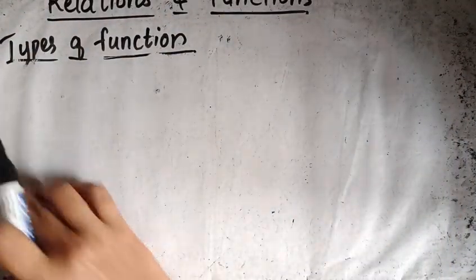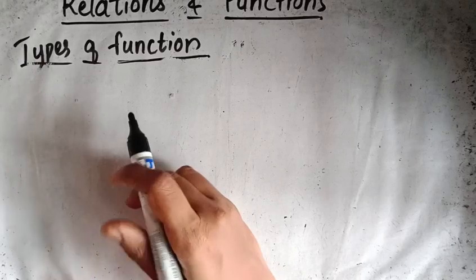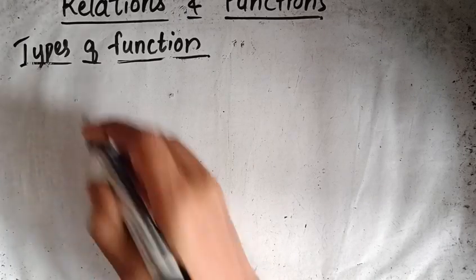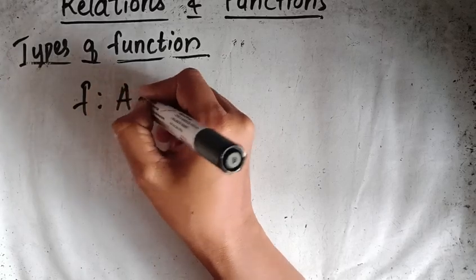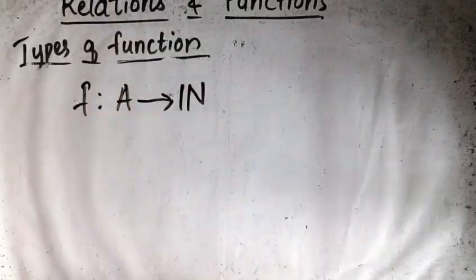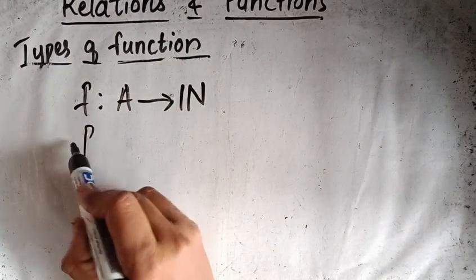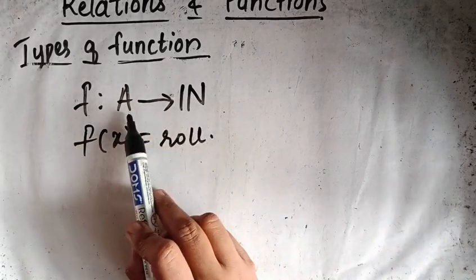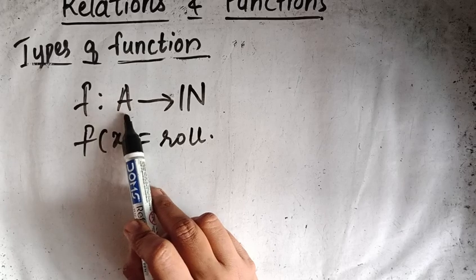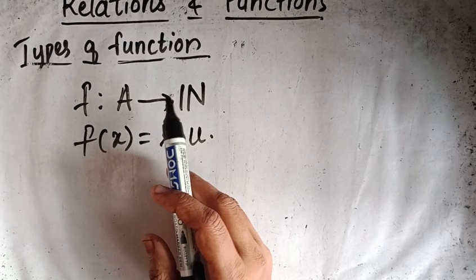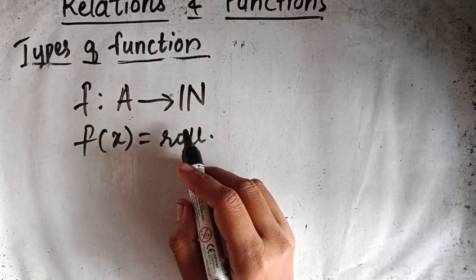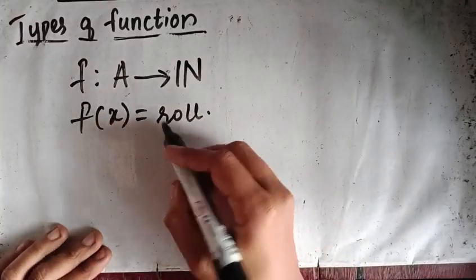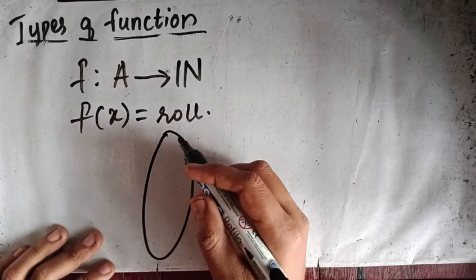So there is an example in the book. It says, let A be the set of all 50 students of class 10th in a school. Let f from A to the set of natural numbers be a function defined as f of x equal to roll number of every student in this class A. Now we know that every student will have, now this is till 50 they are saying, right?